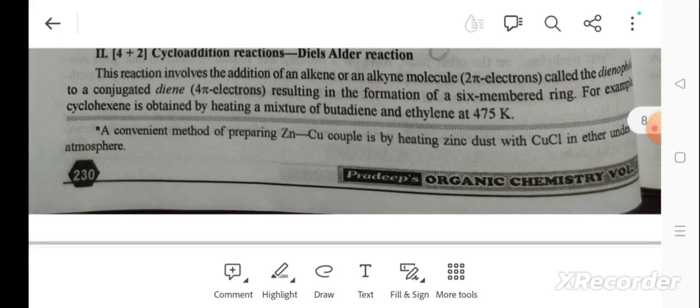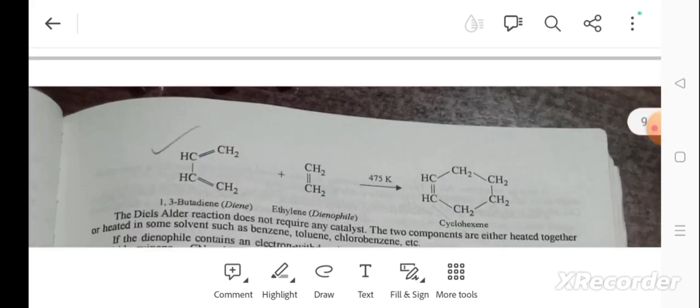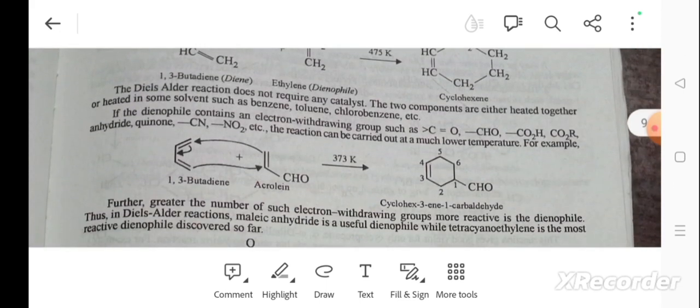For example, cyclohexene is obtained by heating a mixture of butadiene and ethylene at 475 Kelvin. The Diels-Alder reaction does not require any catalyst. The two components are either heated together or heated in some solvents such as benzene, toluene, and chlorobenzene.